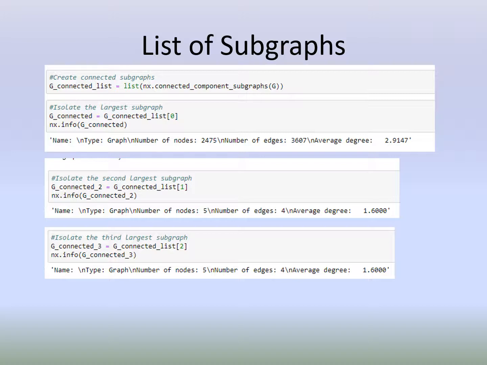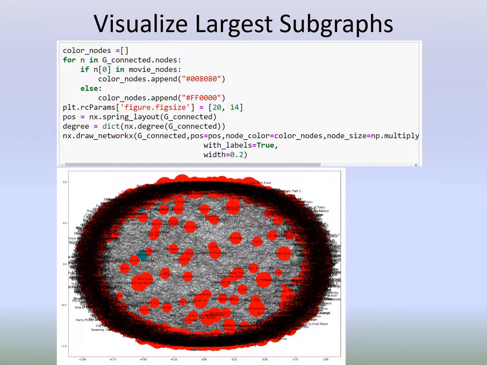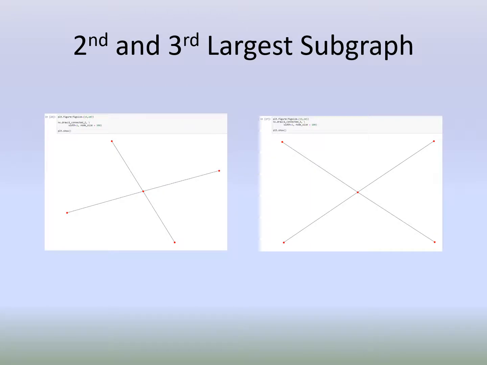Among them, the largest subgraph has 2,475 nodes, the second largest subgraph has 5 nodes, and the third largest subgraph also has 5 nodes. This shows the largest subgraph. This is the second and third largest subgraph.